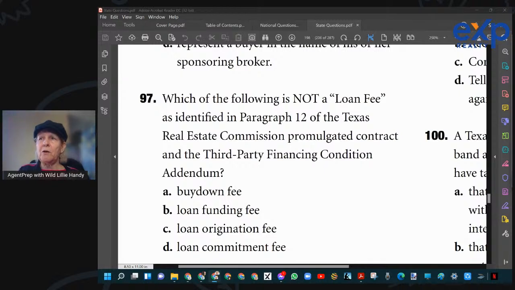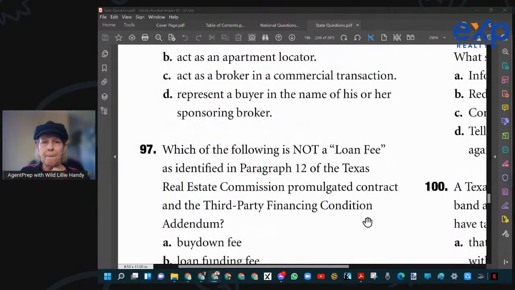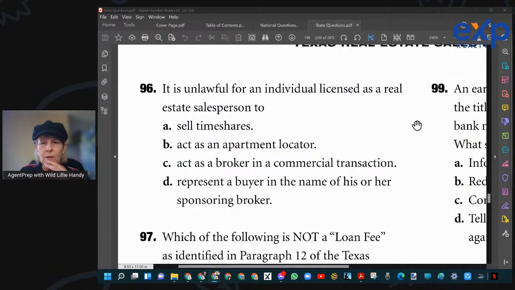So we don't make a profit. We make commission. We are paid commission. We make a profit if we buy and sell. Well, how I understand that question, we own the timeshare and are not representing an individual or company. No. It is unlawful for an individual licensed as a real estate salesperson.